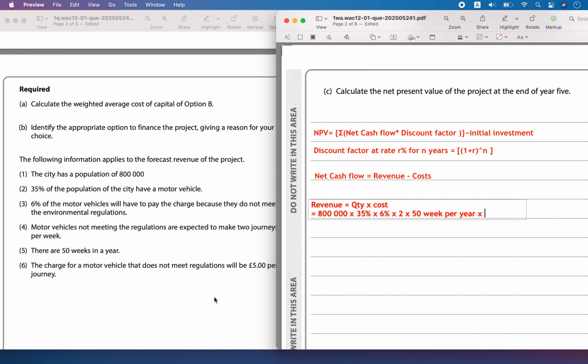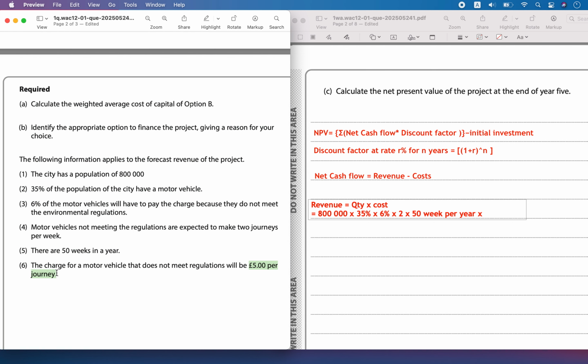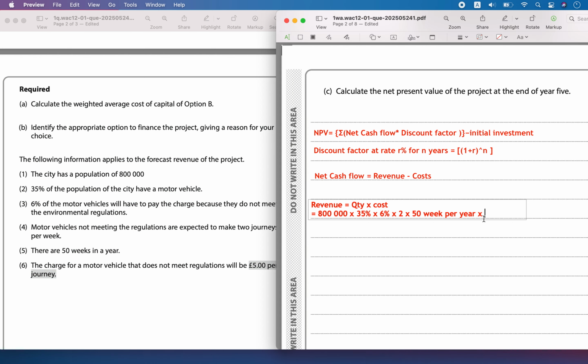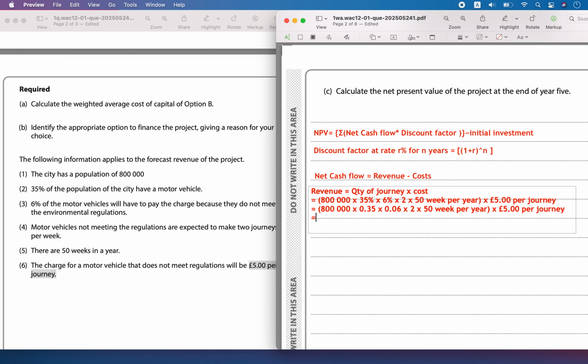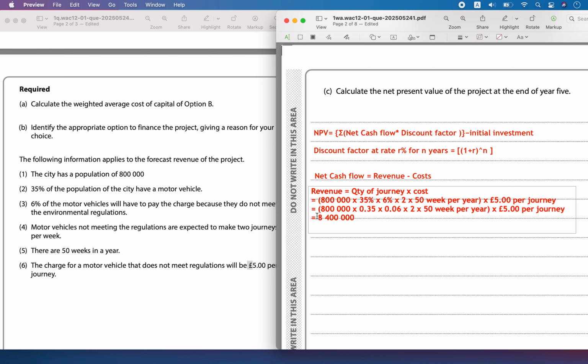And you are going to charge at the rate of £5 per journey. This is how you will calculate. So that is equal to 400,000 pounds. You will get a revenue of this much amount.